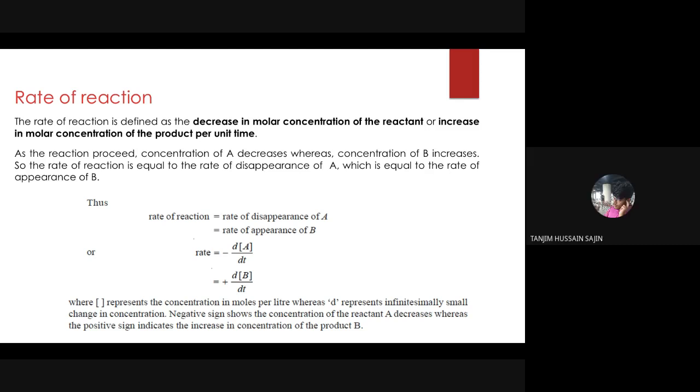Yes, sir. Okay, so here which one is the reactant and which one is the product? So A is the reactant and B is the product. How did you get it? Because A disappears and B appears.